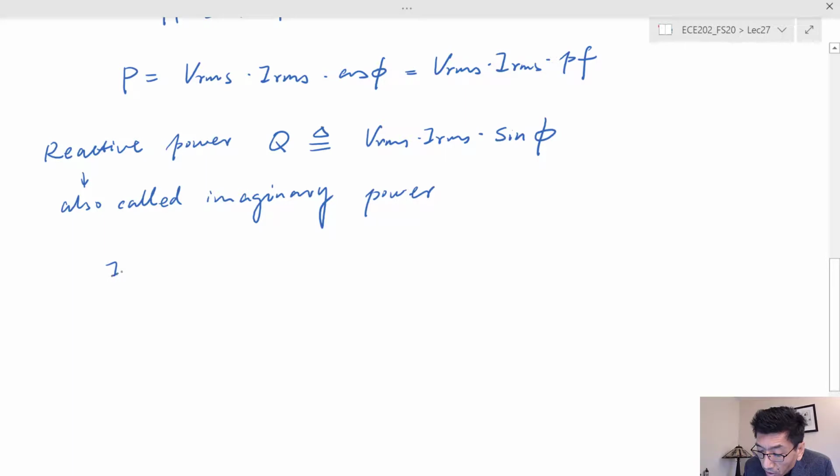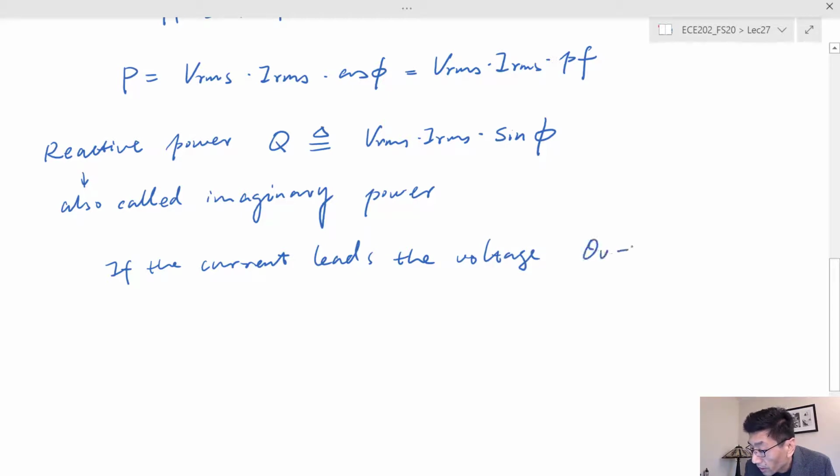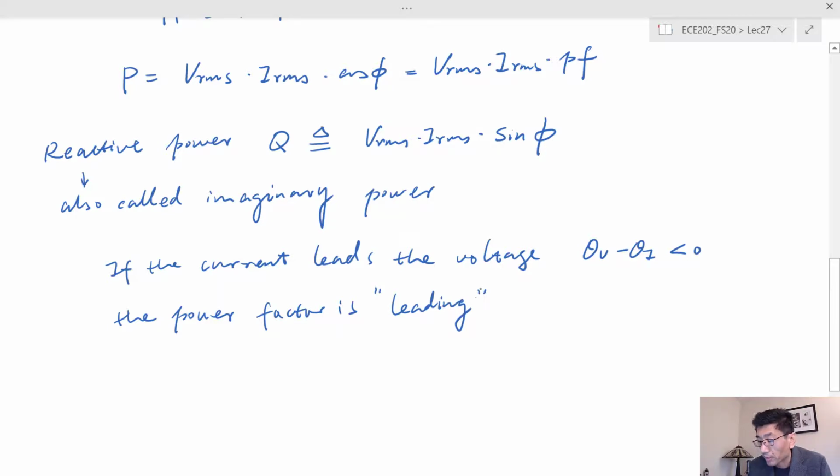So if the current leads the voltage, or theta V minus theta I is negative, then the power factor is leading, or we have a leading power factor, and therefore the Q is negative.